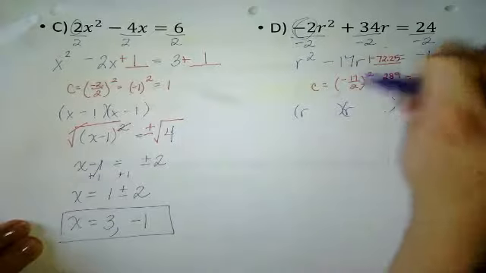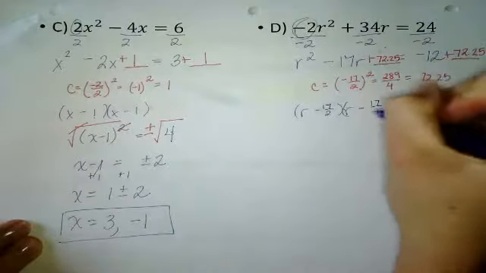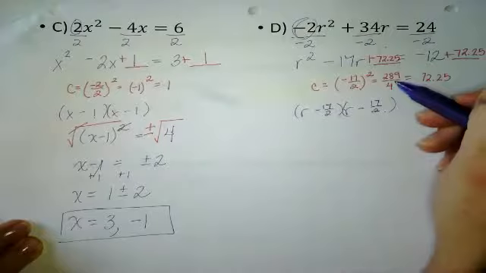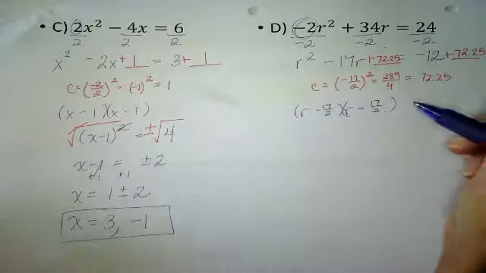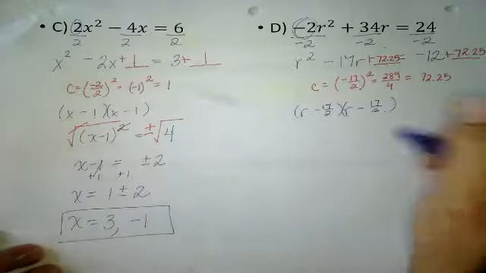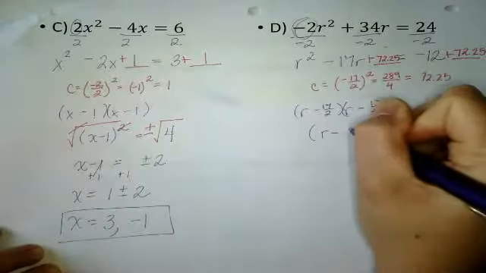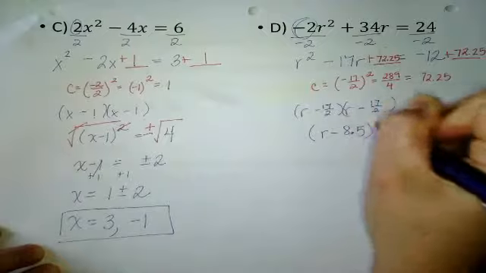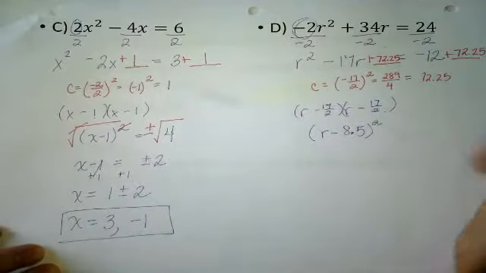Well, negative 17 halves and negative 17 halves is how we got the 289 over 4. And if you want, 17 divided by 2 is 8.5. So you could use 8.5. Let's do that. So that is really R minus 8.5 quantity squared. So remember, 17 divided by 2 is really just 8.5.